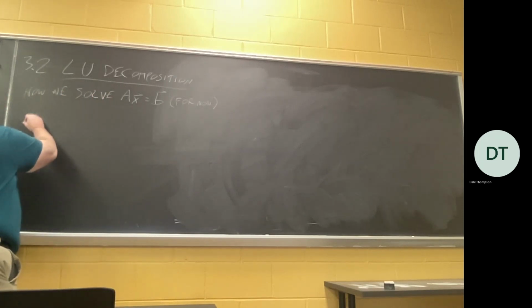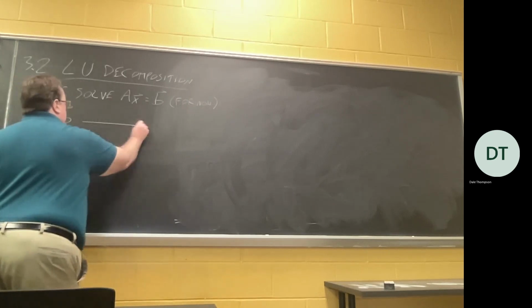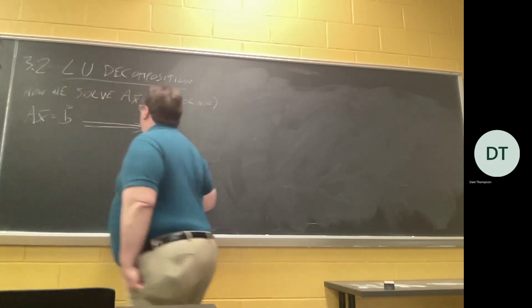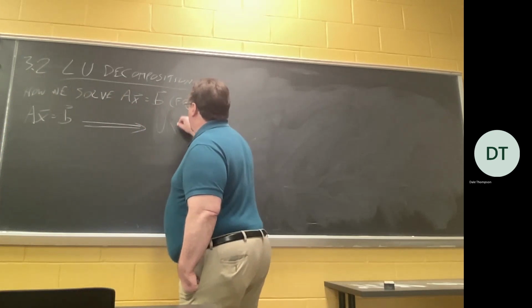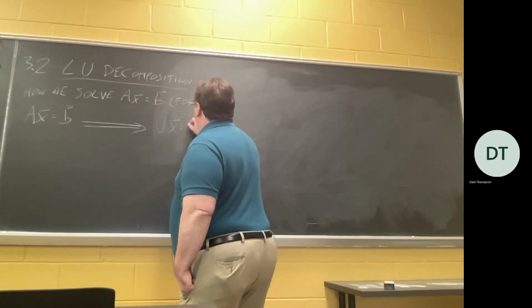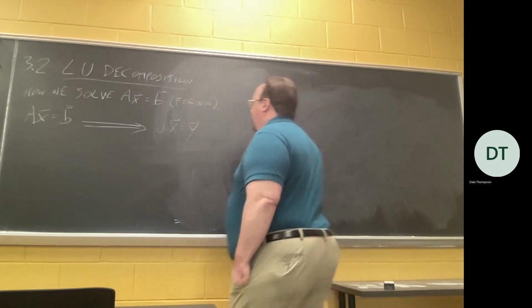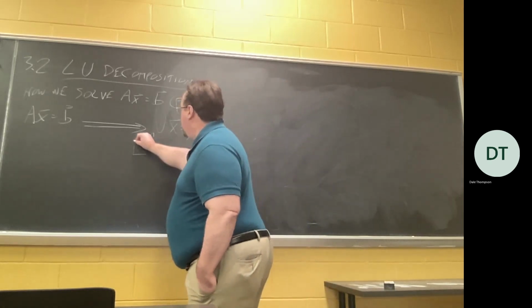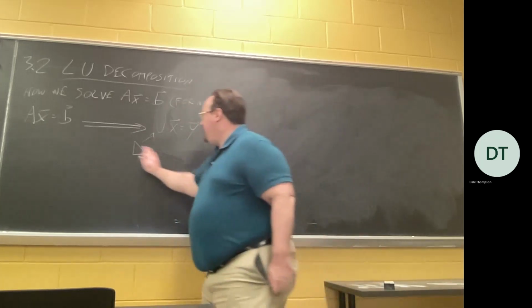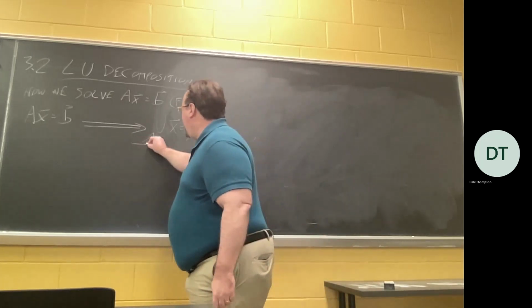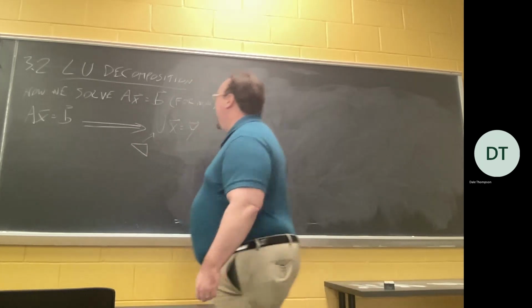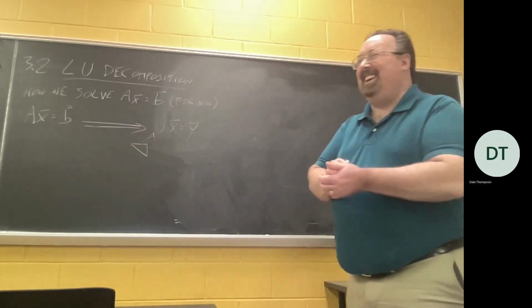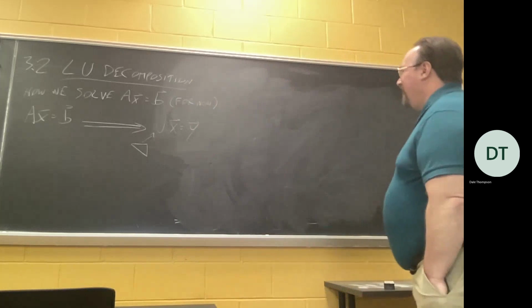So the idea is, from your original problem, you transform it into an equivalent problem where the matrix U is, no, I keep doing this wrong. What's wrong? I'm just off in general, it seems. Upper triangular. Use an upper triangular matrix.